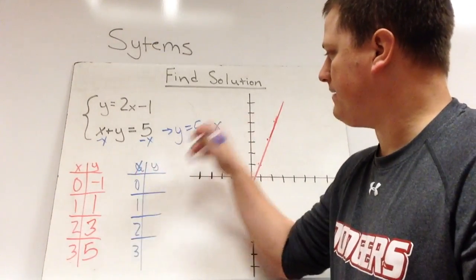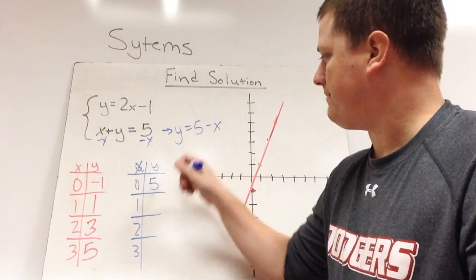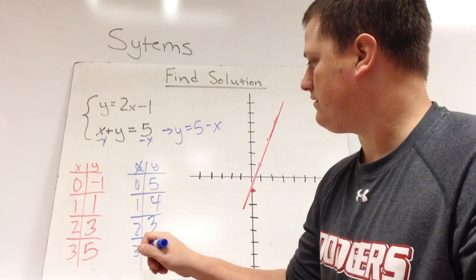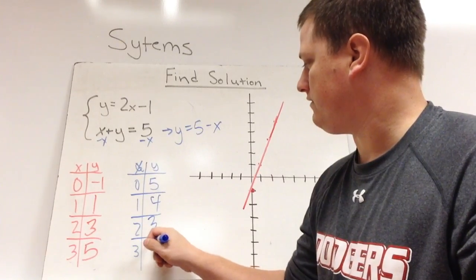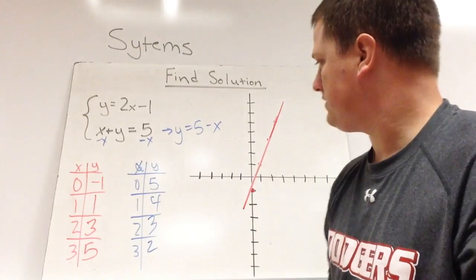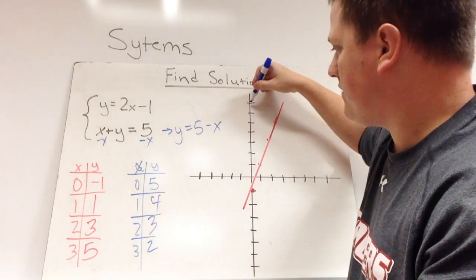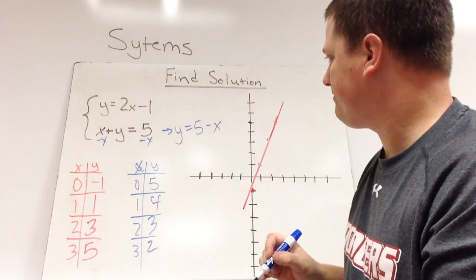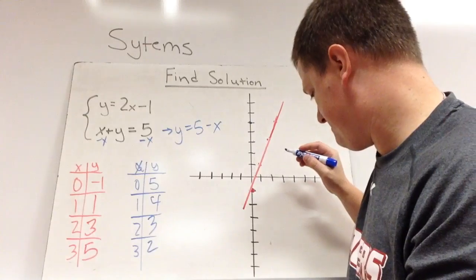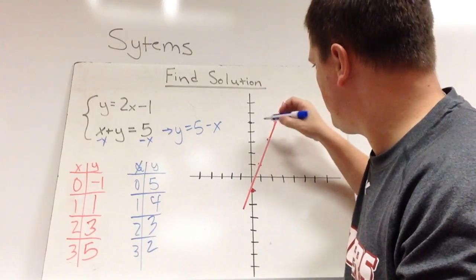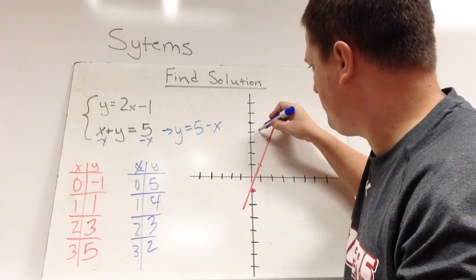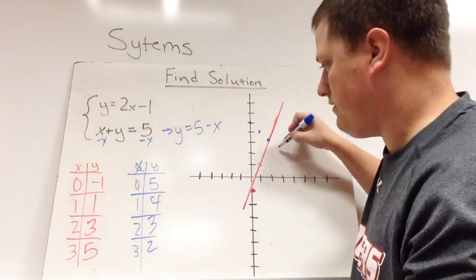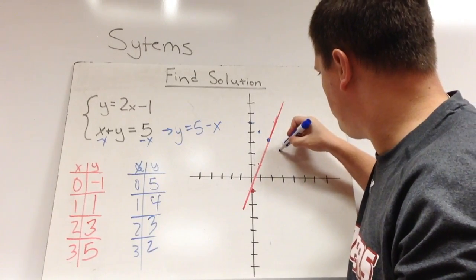Okay, so 5 minus 0 is 5. 5 minus 1 is 4. Minus 2 is 3. Minus 3 is 2. So we've got 0, 5; 1, 4; 2, 3; and 3, 2.